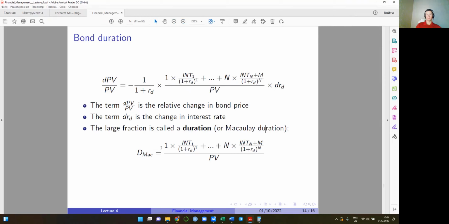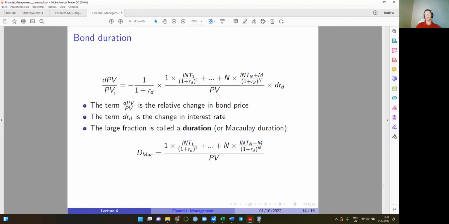So this Macaulay duration is simply the following thing. And you see that with the help of this Macaulay duration, we are able to make a simple forecast of bond price changes.